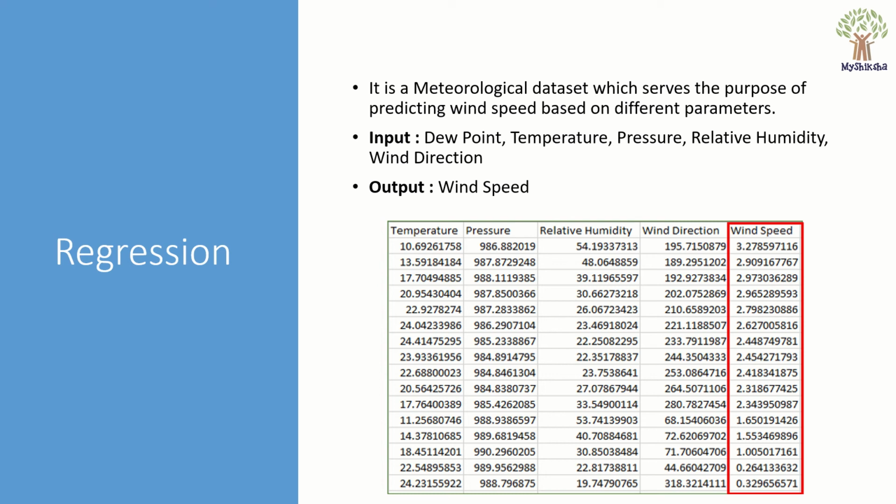Now what are the input data points that you need to predict this wind speed? The input is dew point, temperature, pressure, relative humidity, and the wind direction. With all these input data points, you would be able to predict for that particular combination what is the output wind speed. This can be done with the help of regression algorithms.